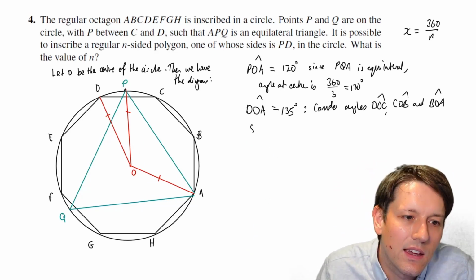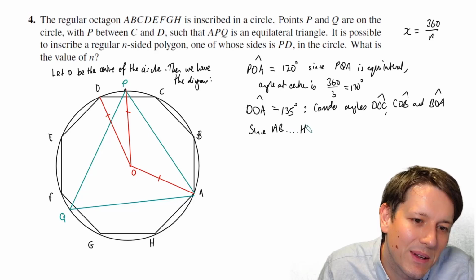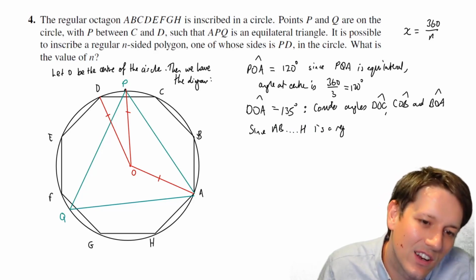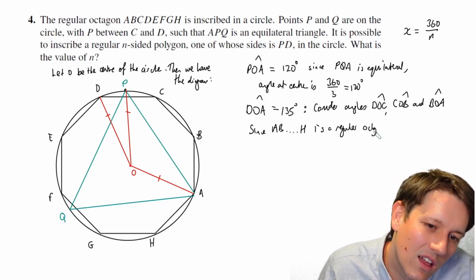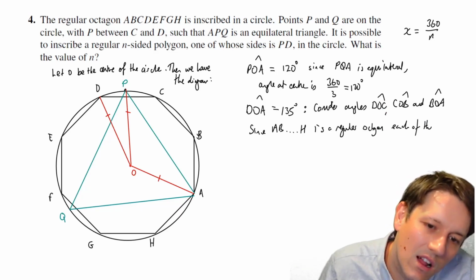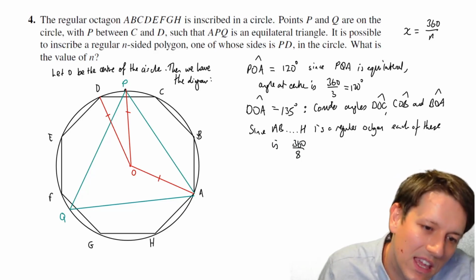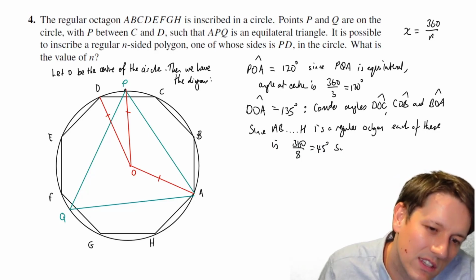Or we can say, since A, B, C, D, all the way up to H is a regular octagon, each of these is 360 divided by 8, which is 45 degrees.